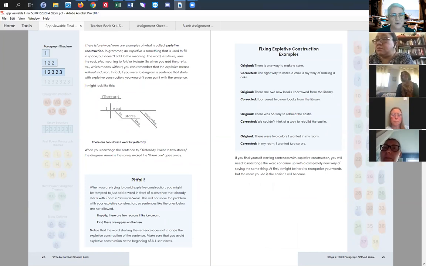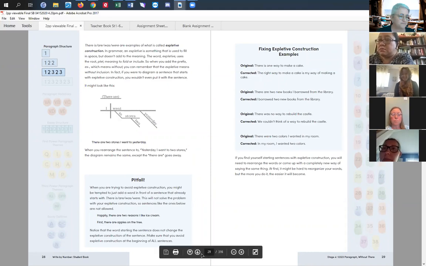We don't even diagram them when we diagram sentences, because they're just extra. So they have to learn how to change a sentence like there is one way to make a cake to perhaps the right way to make a cake is my way of making a cake, or whatever it is. So they have to learn to change that.